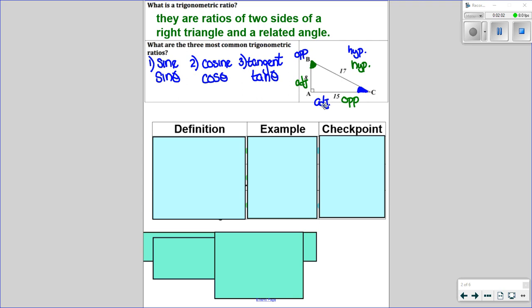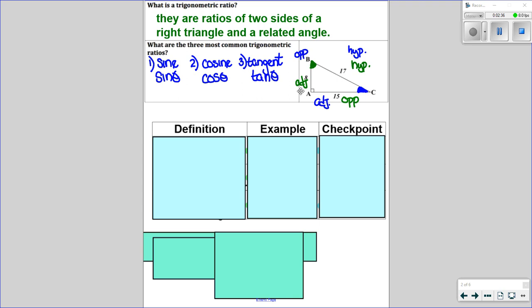As you can see, based on how things are labeled, if I were to look at the blue angle, which is C, the side next to that angle is adjacent. If you heard the word adjacent, that means next to. And the side that is opposite the C angle, the blue one, is opposite.